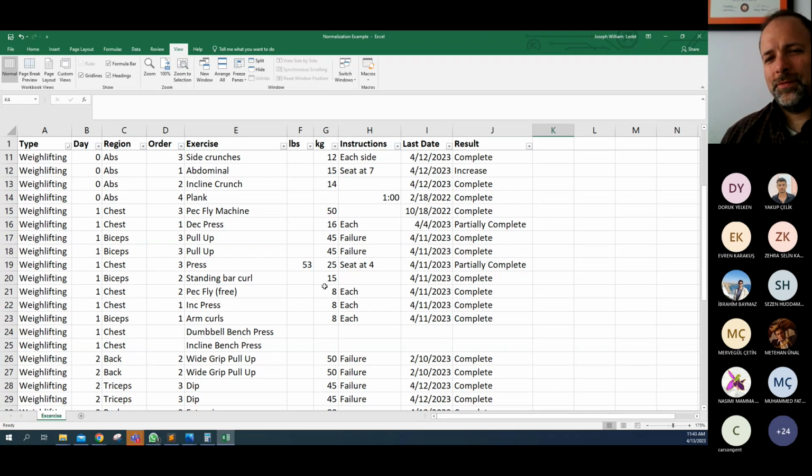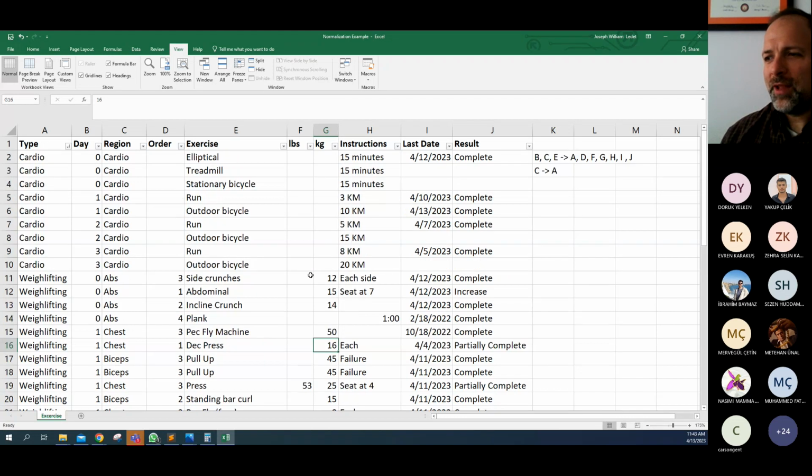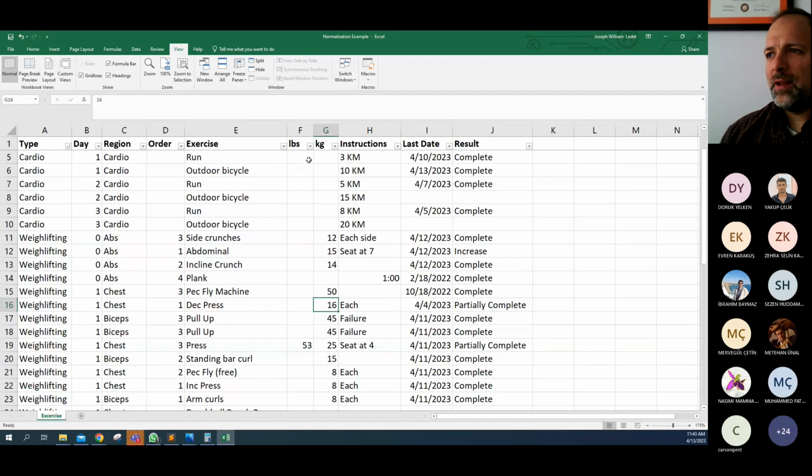Sort of. See, null becomes 50, but null also becomes 16. So it's not quite a one-to-one. This would be an example of what we would call derived data, right? The amount of pounds is determined by the number of kilograms, because kilograms to pounds is like a 2.2 conversion rate.